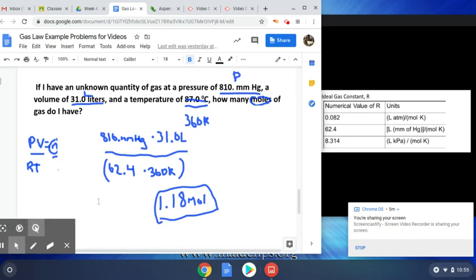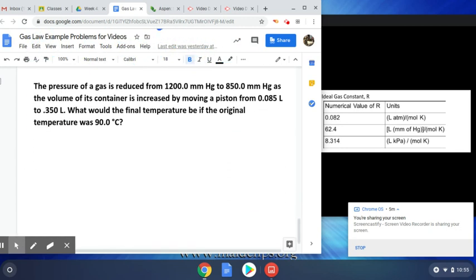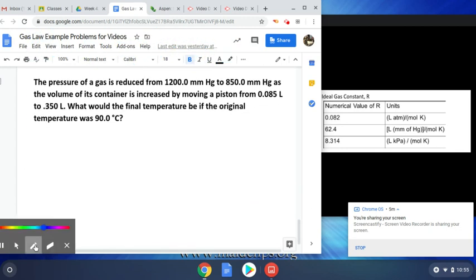Last problem. Okay, so here we have a bunch of givens. So we're looking for final temperature.